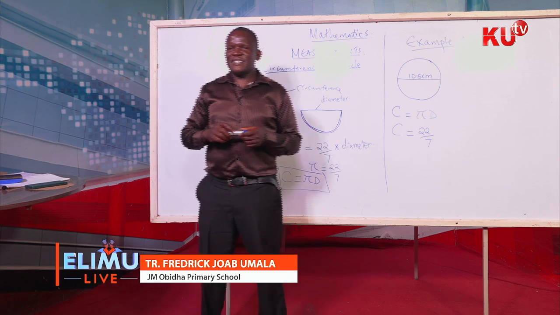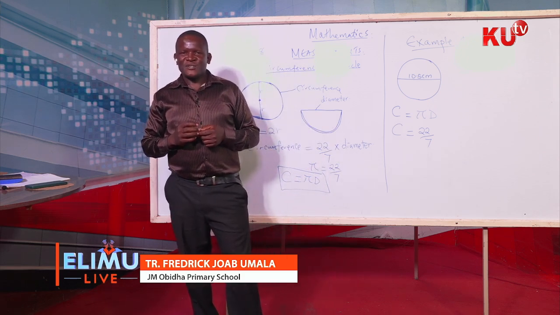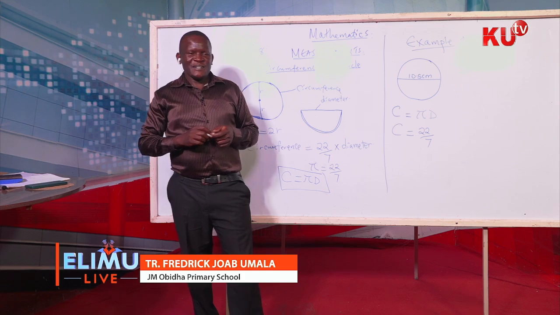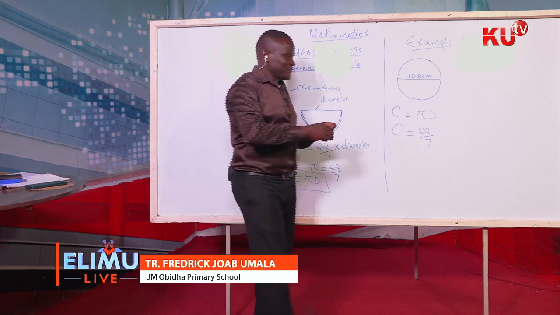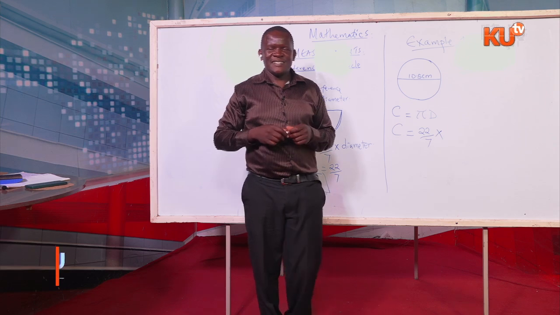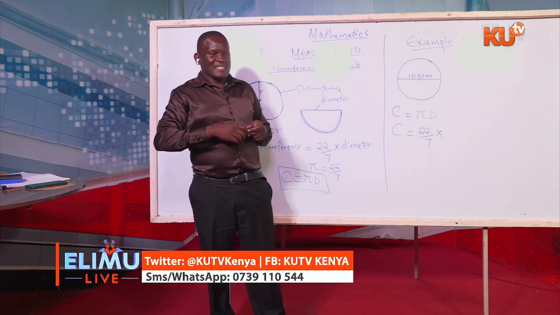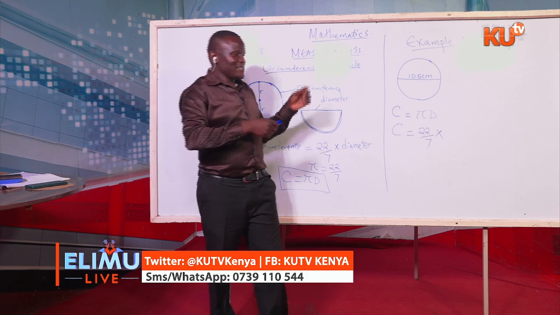When I write 22 over 7, I believe you all know it represents pi, then times d. D represents our diameter, the diameter of a circle.